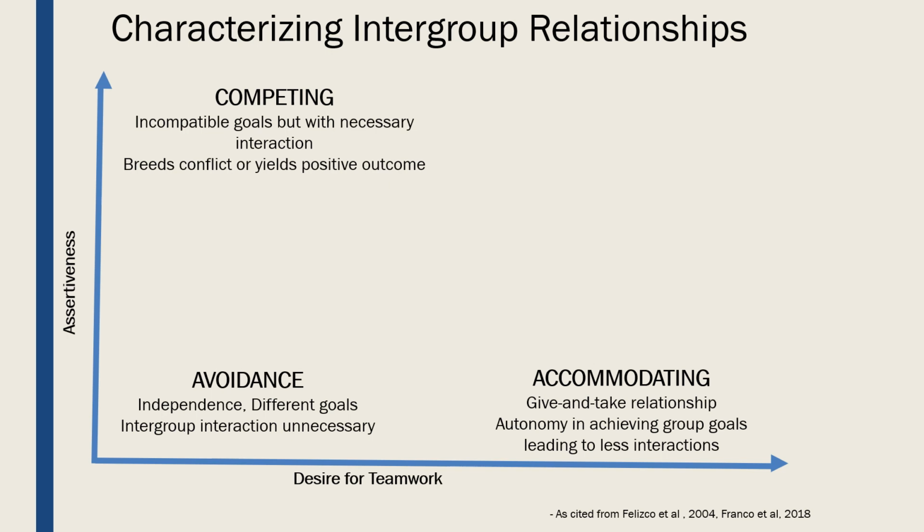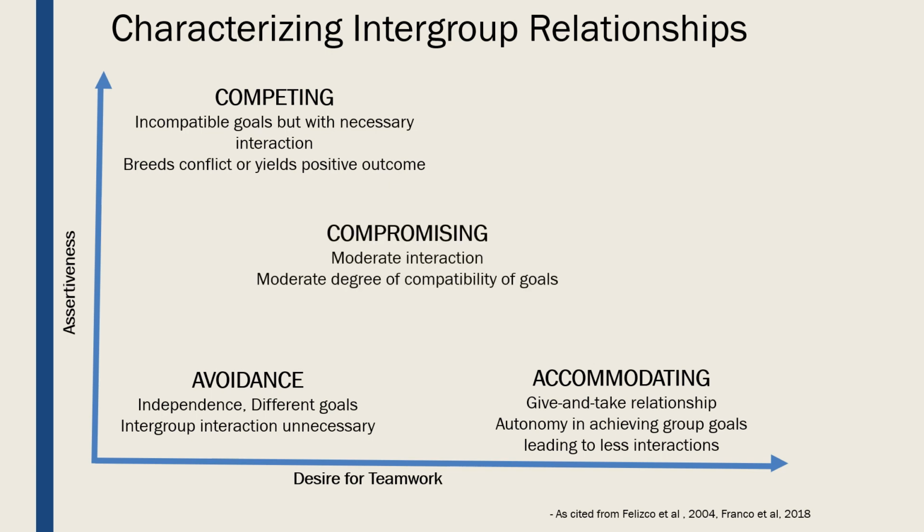On the extreme of the desire for teamwork but no assertiveness, sometimes we just accommodate each other. There's that give and take relationship, but each group has their own autonomy to achieve their own goals, leading to less interactions. In between, you have that compromising relationship wherein there is moderate interaction, moderate degree of compatibility of goals.